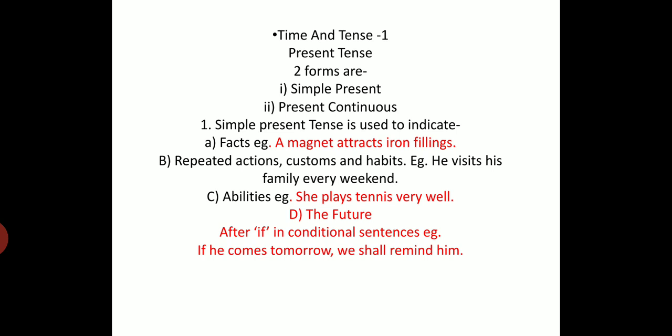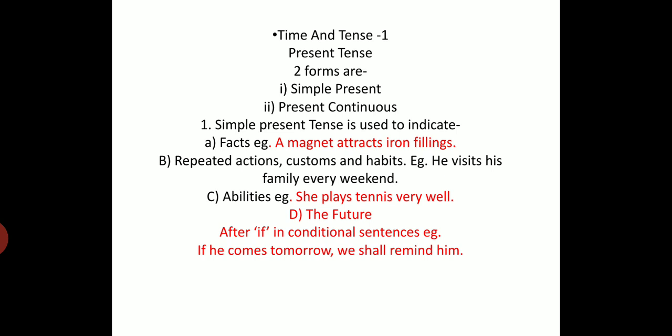Whenever you have to show these through your sentence, it has to be in simple present tense. For example, he visits his family every weekend. So he visits is his habitual action. So we'll write it in simple present tense.